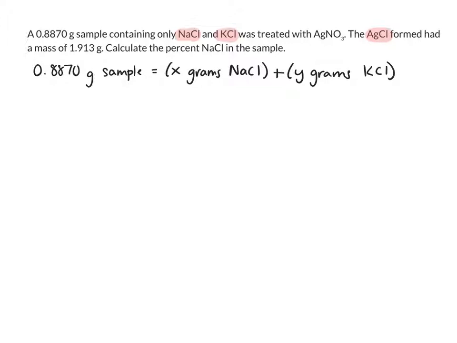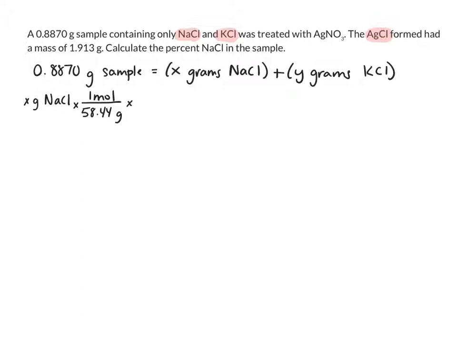Now this is different than our other problems because we're actually going to be working with variables and we're going to be working backwards. So I'm going to start with my X grams of sodium chloride. And from my X grams of sodium chloride, I want to see how much silver chloride would get me that number of grams of sodium chloride. So I'm going to start by converting to moles, 58.44 grams per 1 mole.